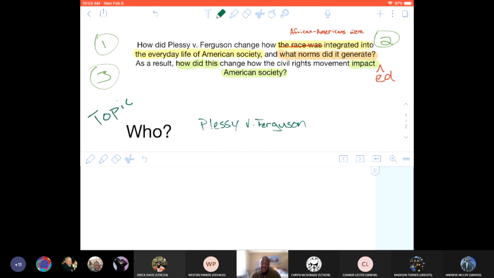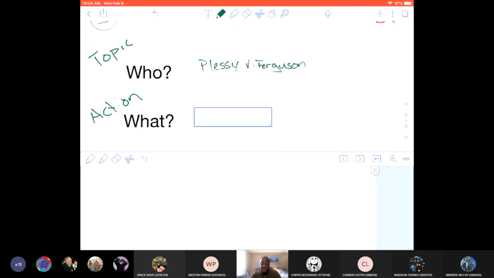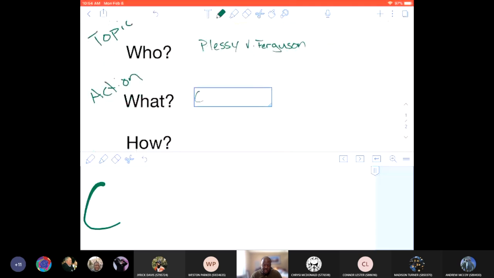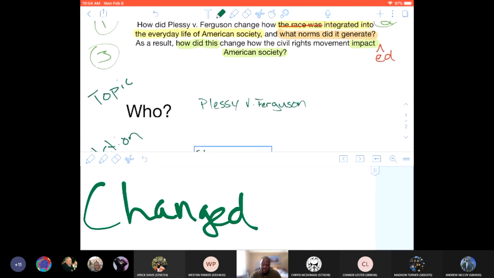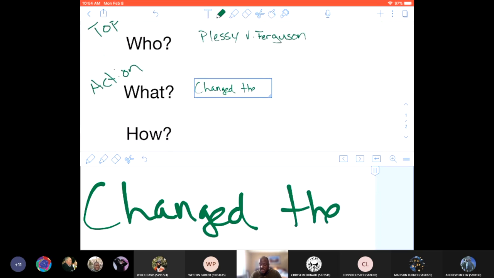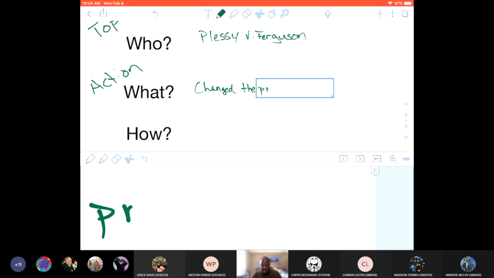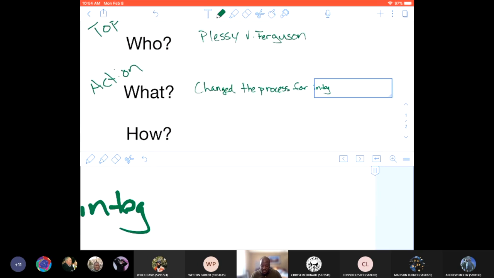I'm just making sure I have everything here. Okay, and this is more complicated. Changed the process for integration. And I'm going to add a little where here.